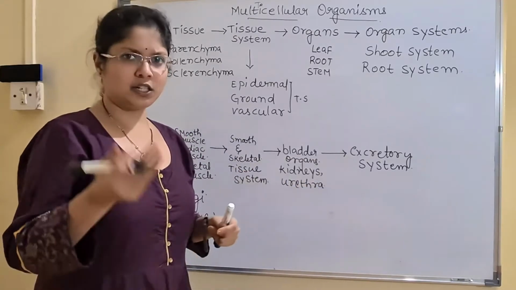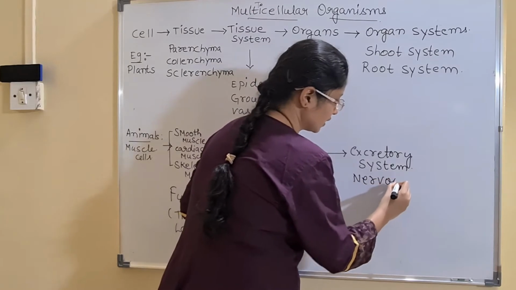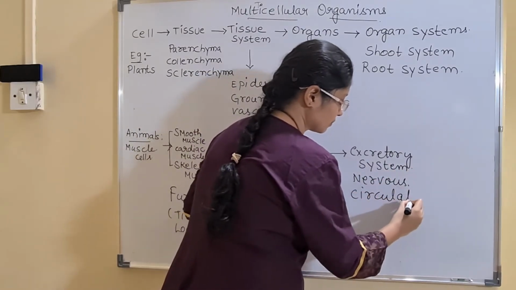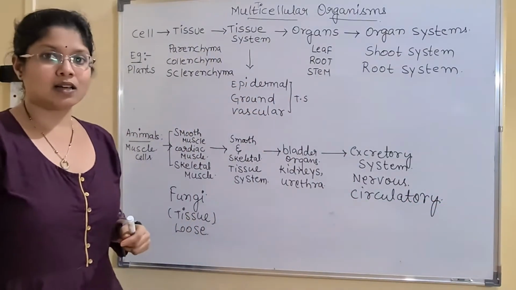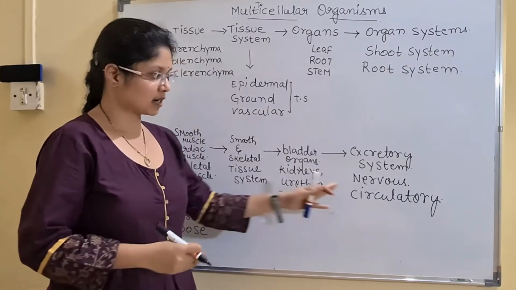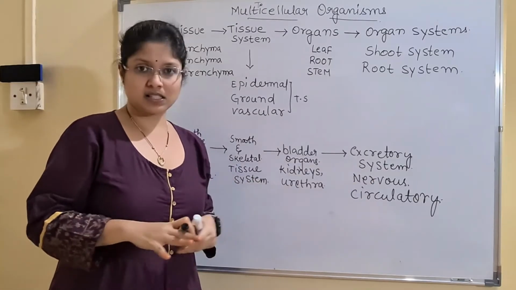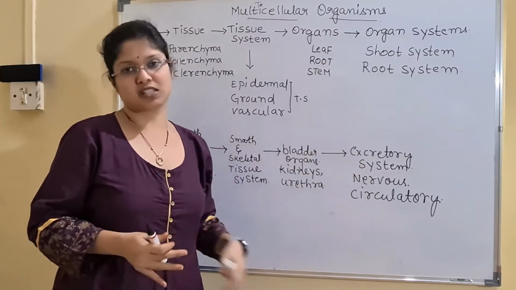For example, in humans we have nervous system, we have circulatory system, excretory system, right? Lymphatic system, controlling immune system, circulatory, that is blood, everything, and we have nervous system, brain, that is all the different types of systems are present.